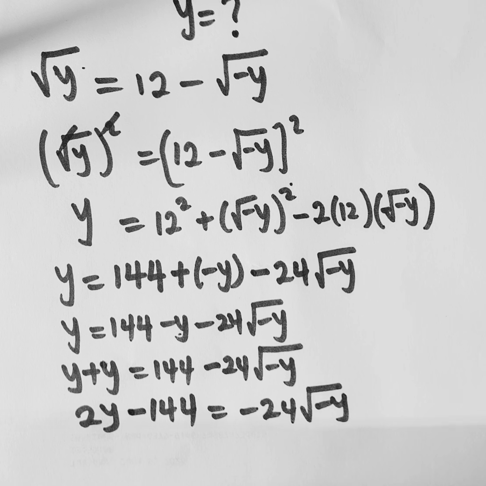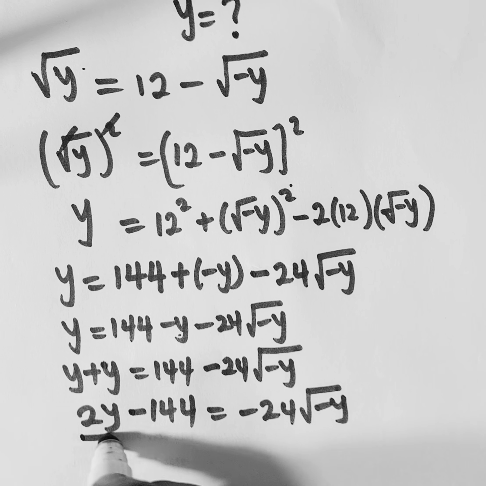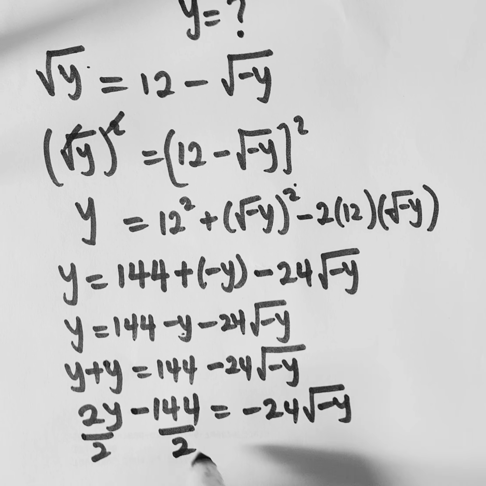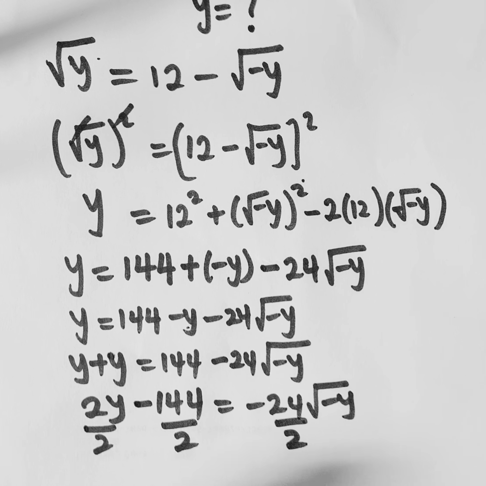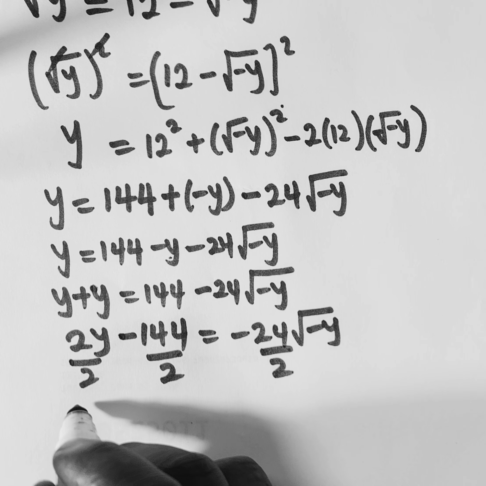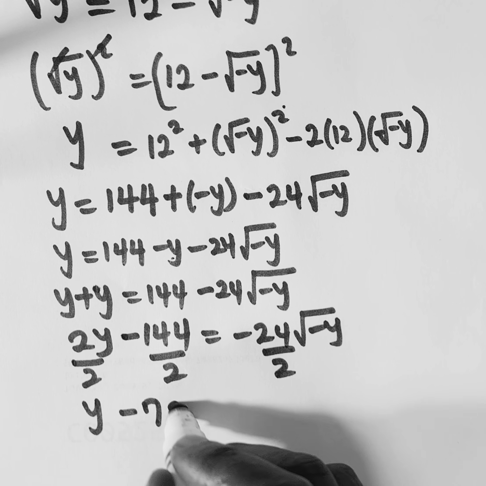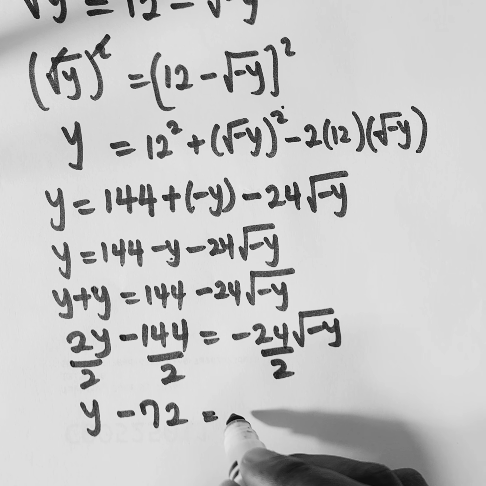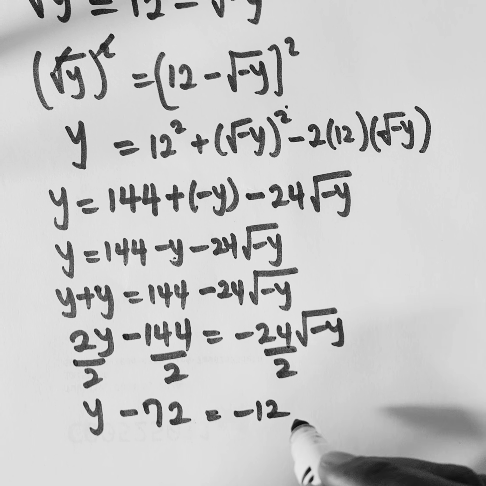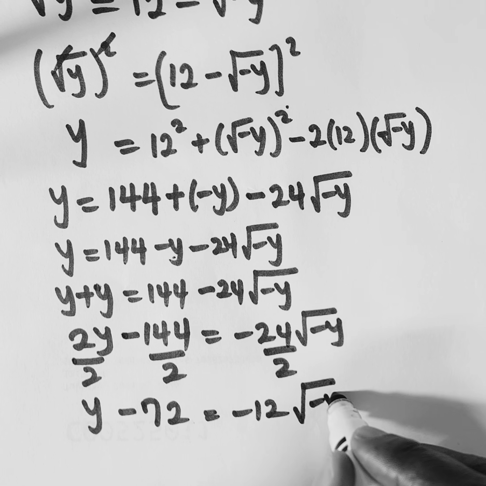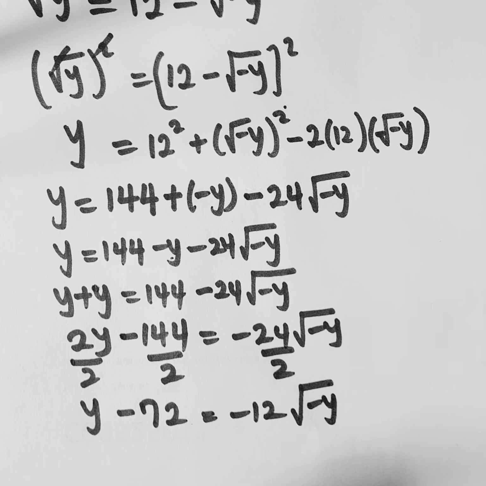So from here, you can write this given equation by dividing by 2, by 2, and by 2. So with this, you're going to have y minus 72 equals negative 12 square root of negative y.